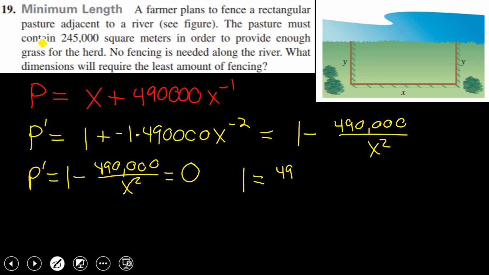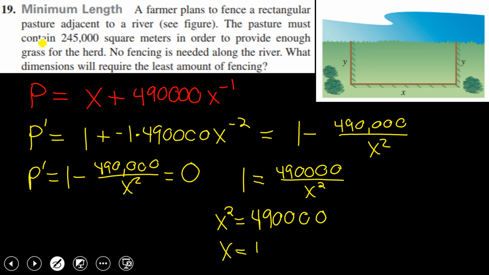Now this would be pretty easy to see, that x squared would have to be the same as 490,000. Okay? Now the square root of 490,000 should be, so we should get either positive or negative 700, technically meters.